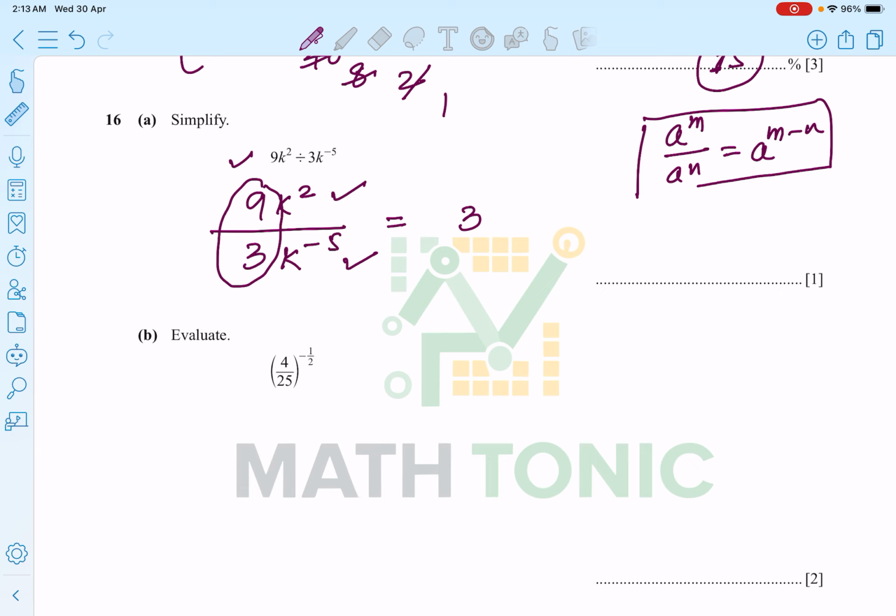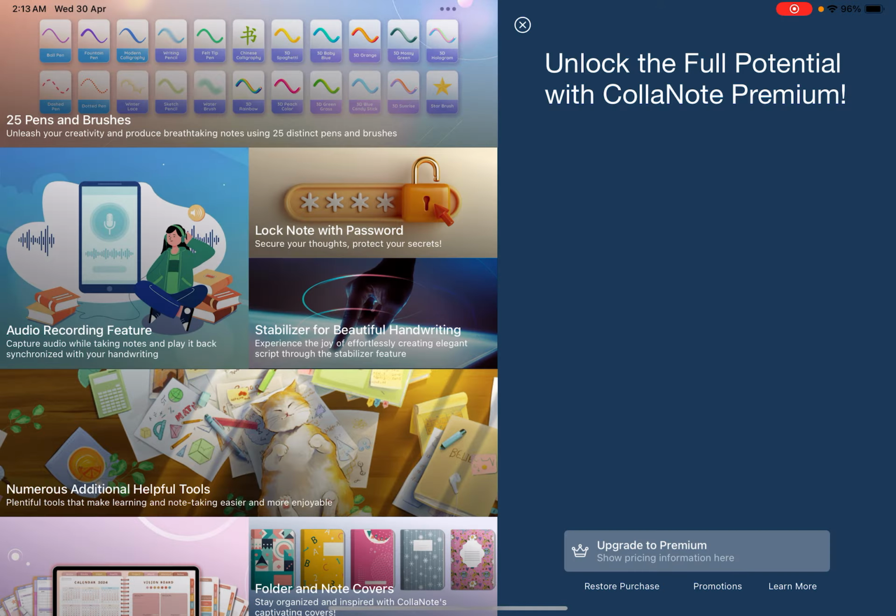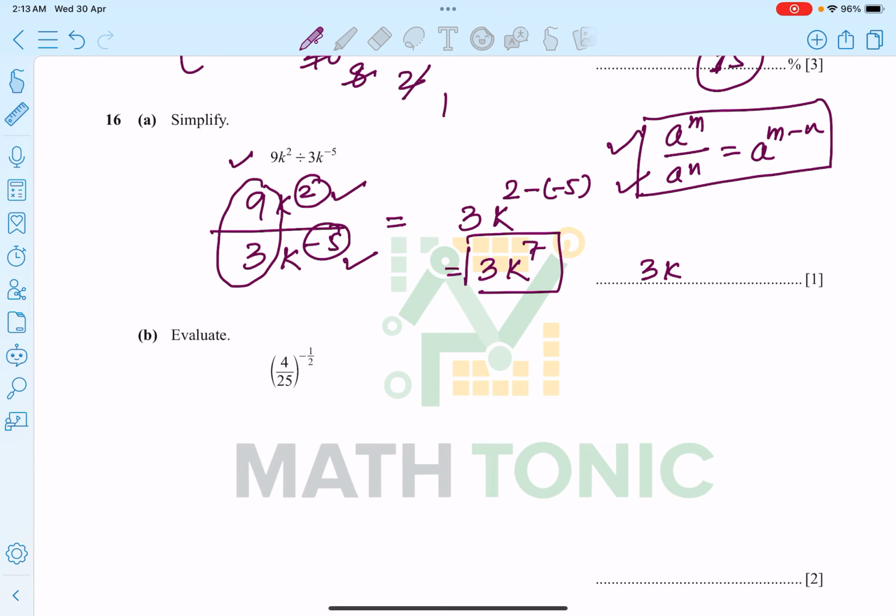This is the law of indices, which says that when you divide two indices of the same base, the powers are subtracted. The same thing here, k power 2 minus minus 5. Be careful, this is 2, this is minus 5. So this answer should be 3k power 2 plus 5, that is 3k power 7. So the answer is 3k power 7. This is the answer for this question.